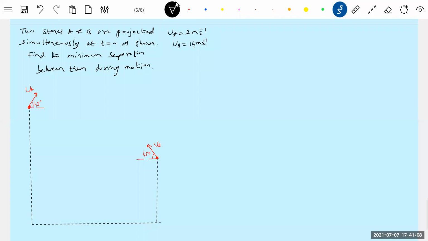This will be 20 meter, this will be 11 meter. The separation is 27 meter. They're projected from a tower, and gravity is present here. And now he's asking for the minimum separation.